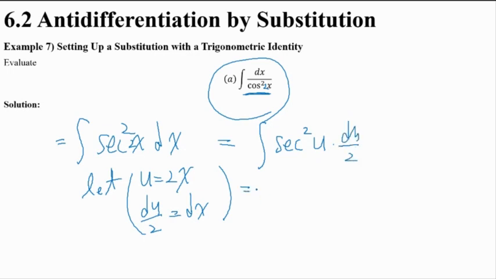So 1 over 2 in front. And the integral of secant square is tangent. So tangent u plus c. And u is 2x, so 1 over 2 tangent 2x plus c. Okay, this one was a substitution.